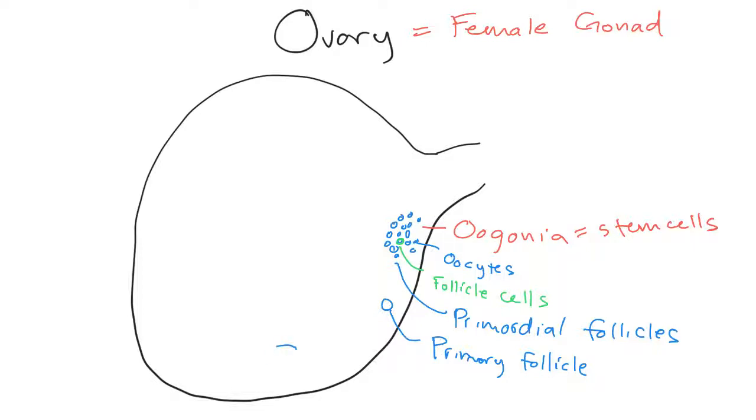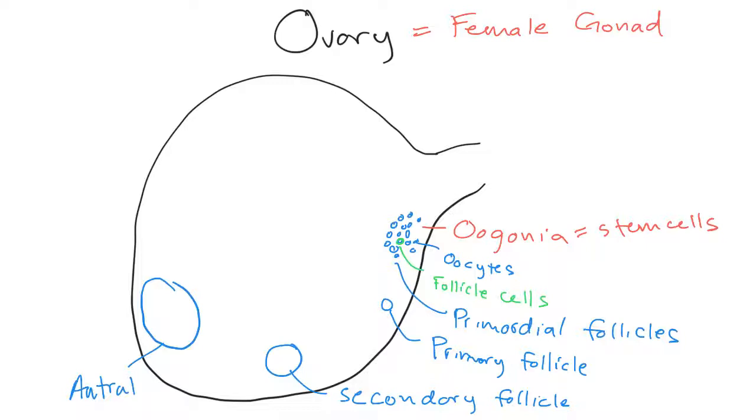The primary follicle will get bigger and become a secondary follicle, and then it will mature to become a fluid-filled antral follicle, or Graafian follicle. Here it will have a bunch of cells and then the oocyte sitting on a stalk of cells, and surrounding it.